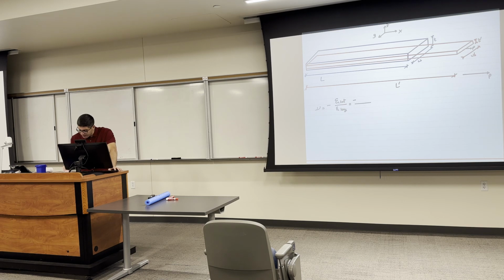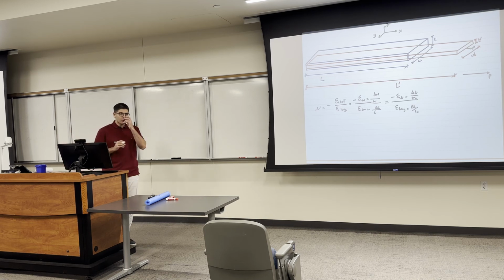I will say strain in the W direction, which is, for example, delta W over the original W, over the longitudinal strain, which is delta L over L naught, the original length. Or I would say negative strain in the thickness direction, which is delta T over T naught, over the longitudinal strain, which is delta L over L naught.